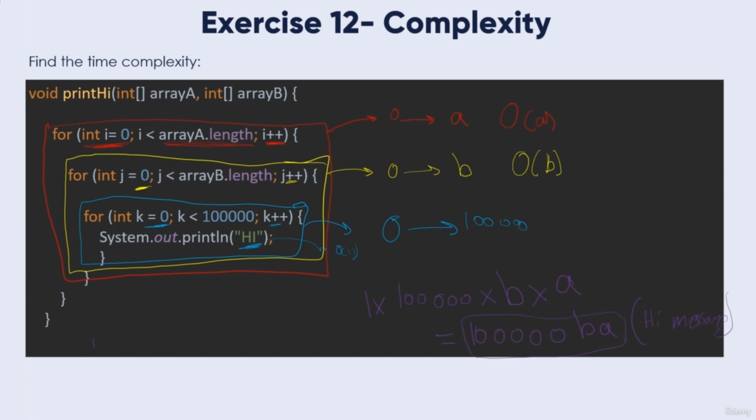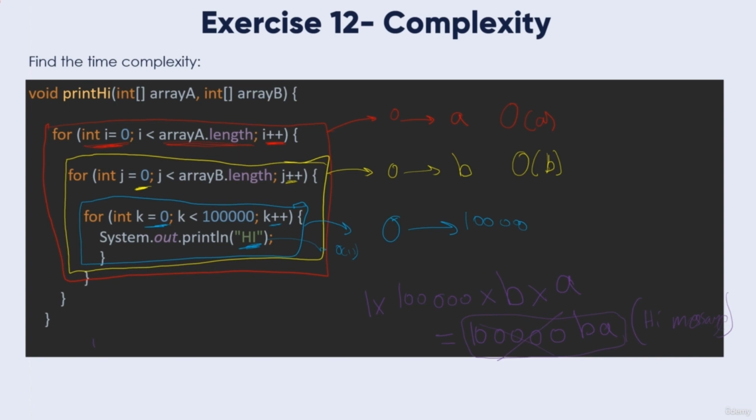And in big O notation, we don't care about the constant that is multiplied by the variable input. The variable inputs here are array A length and array B length. But 100,000 is a constant.